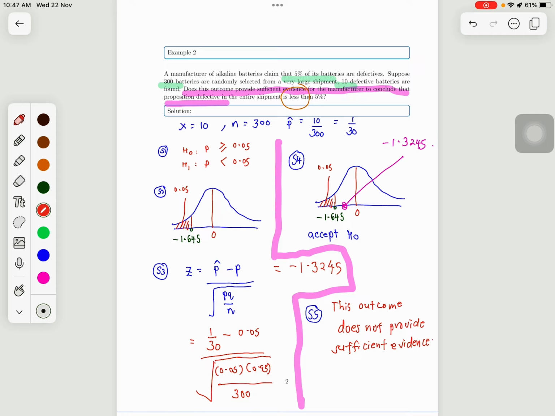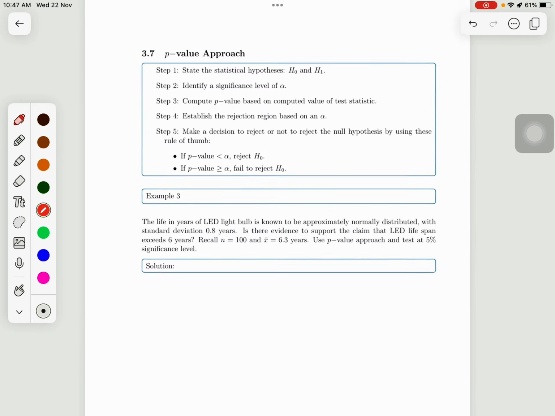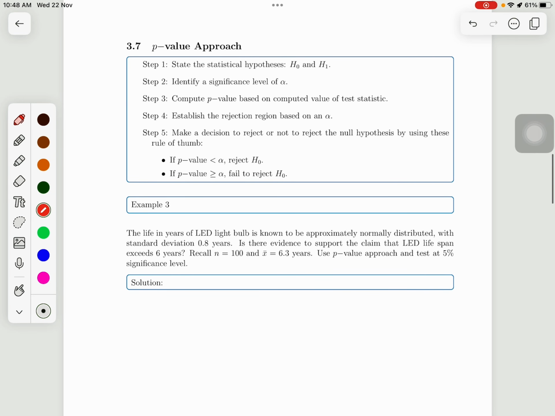So let's continue with the last part in one population hypothesis test, which is another way we can do hypothesis testing, called the p-value approach. Actually, there's not much difference from the critical value method, I mean what we have done before.